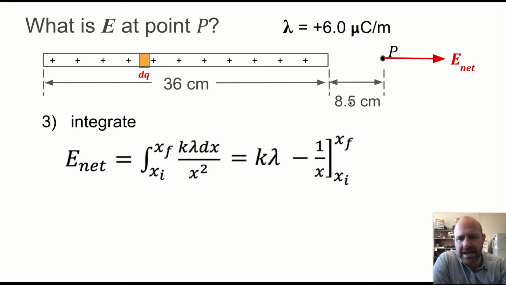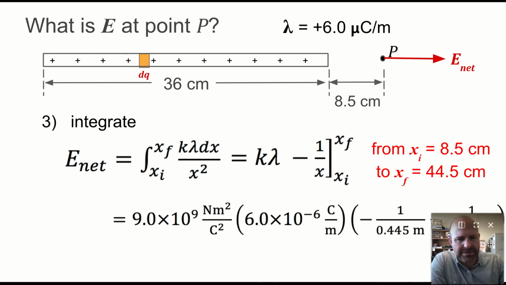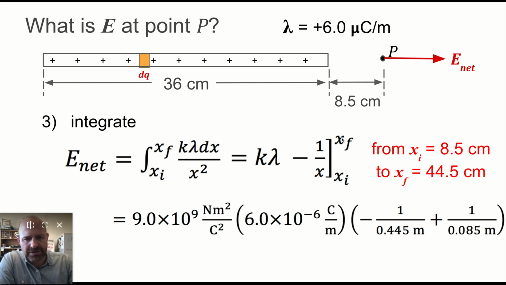Whatever that ends up being, we can take the actual integral. We're going to start at 44.5 centimeters because that's how far away we are from P when we're at one end, and then go to 8.5 centimeters because that's how far we are away at the other end. And we can come up with an answer here.